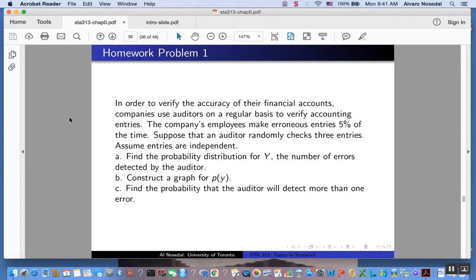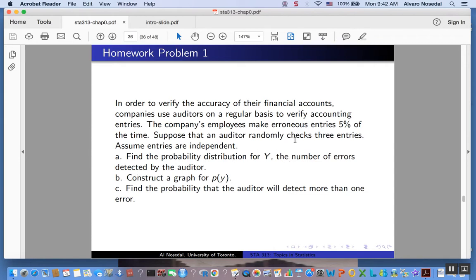So, as you can see, we have a sequence of what we call Bernoulli trials. Each inspection is a Bernoulli trial because it could result in a success or a failure, where we're going to say that we have a success if an error is detected, and a failure otherwise.